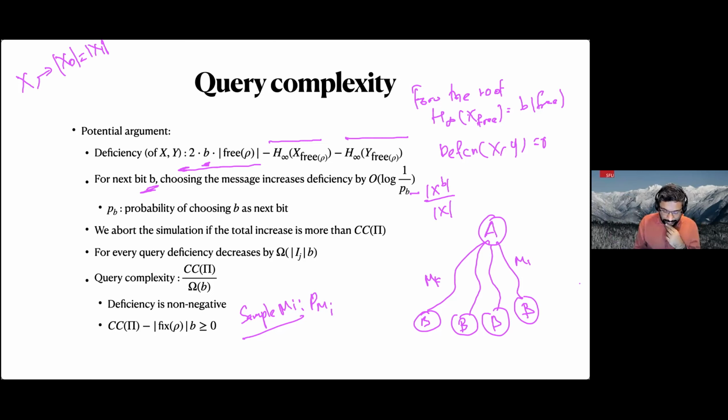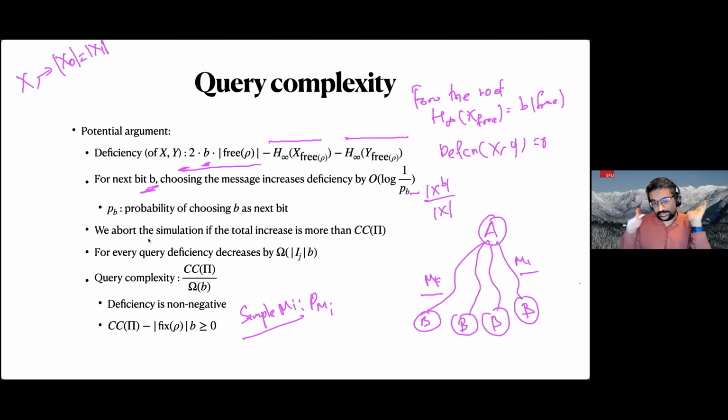But in an arbitrary protocol, this could be very different. But we know that at least one of them would be around 1/2 to the maximum length, but that doesn't matter. So in general, it increases the deficiency by log 1/p.